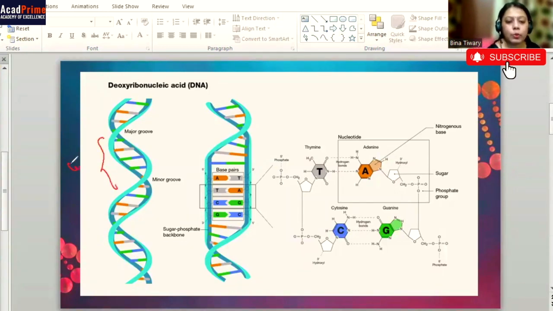This is called a twist, and in this twist 10 base pairs are there. As you can see, adenine always joins with thymine and guanine joins with cytosine. Here, 10 base pairs are there in one twist, that is B-DNA.